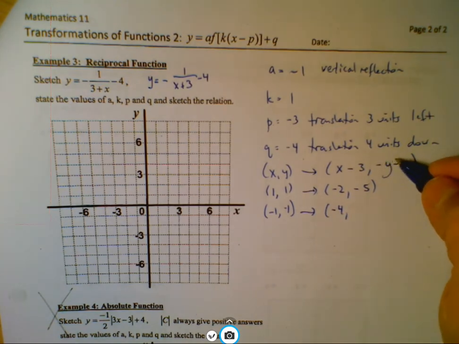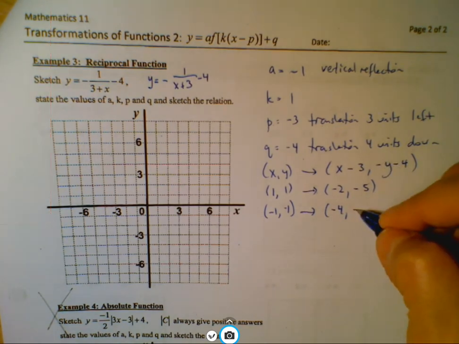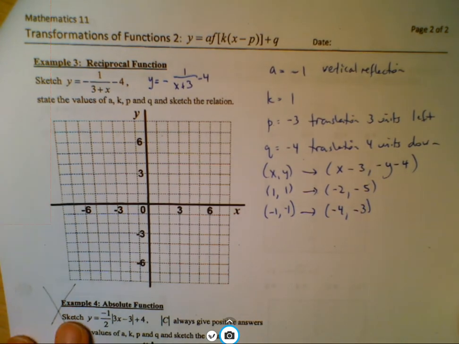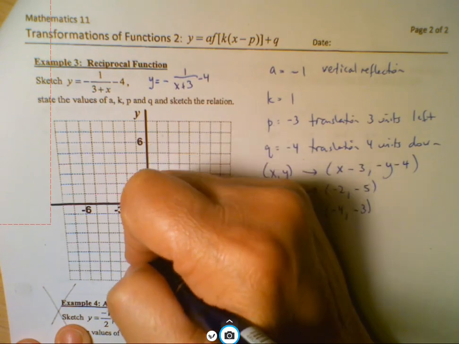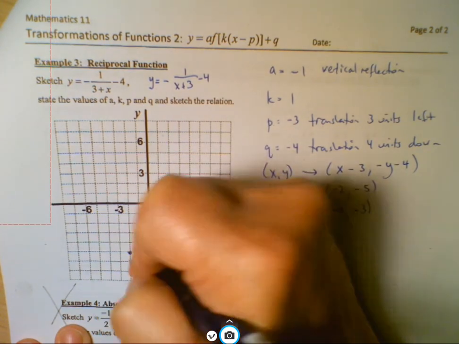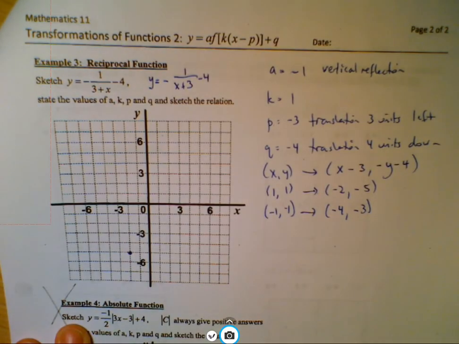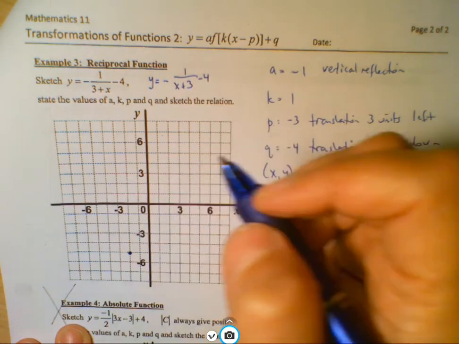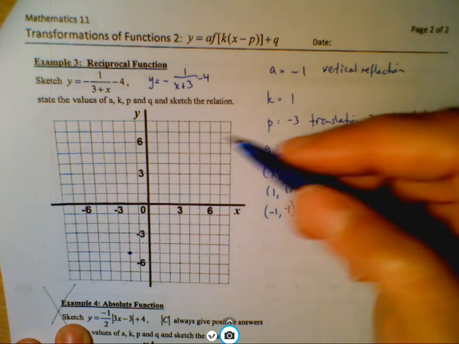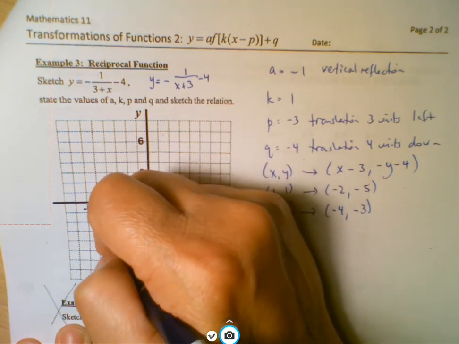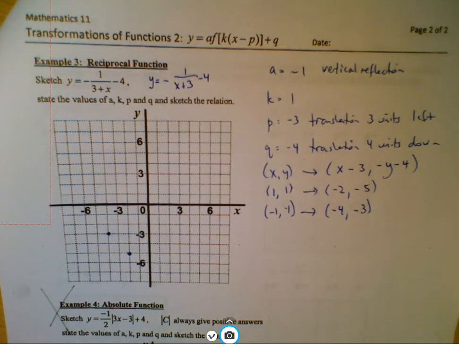Negative times -1 is 1. Minus 4 is -3. So that's where my 2 points are going to go. Now I'm going to put the 2 points, (-2, -5), and they're just going to sit there. I'm not going to know exactly what to do with them. (-4, -3). They're here, right? What do I do with them?